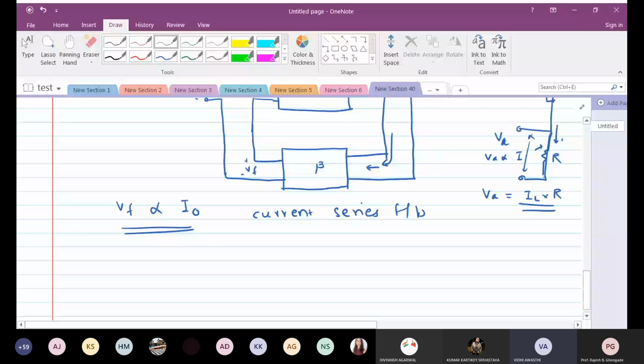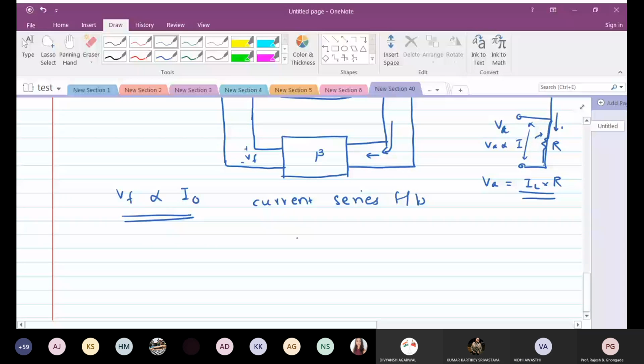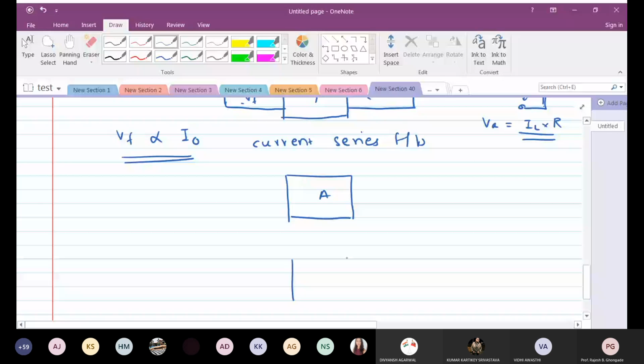Okay. Now the last configuration. What is the last configuration? You tell me now. What is remaining? The current parallel feedback, or current shunt feedback.